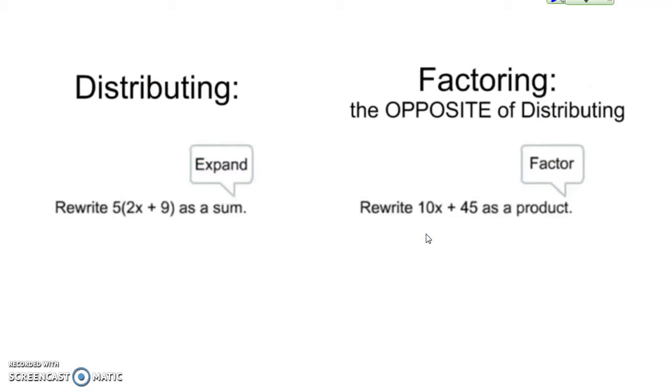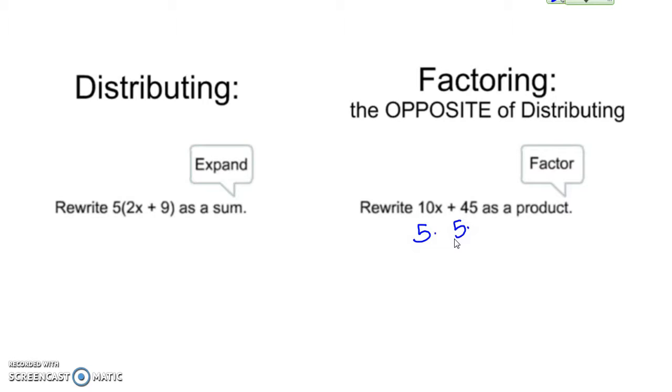Okay, remember that factoring, this we probably haven't done in a while, so let's do a nice little review of it. Factoring is the opposite of distributing. It's when we take an expression, we find the greatest common factor between the two. So go ahead and jot down 10x plus 45. What would be the greatest common factor between 10x and 45? It would be 5, so we jot that down underneath.